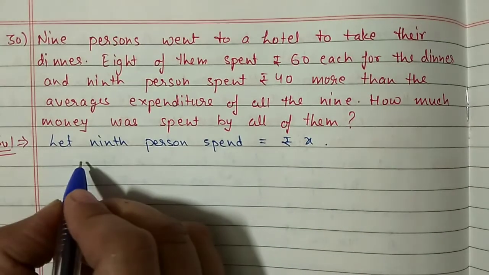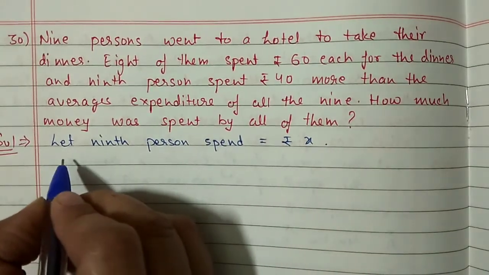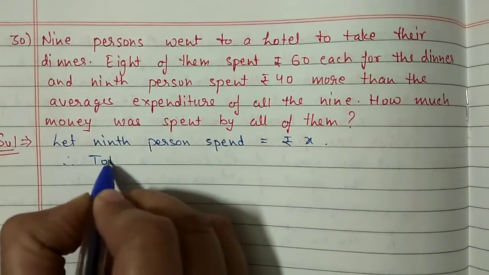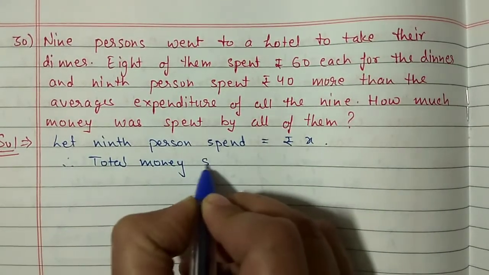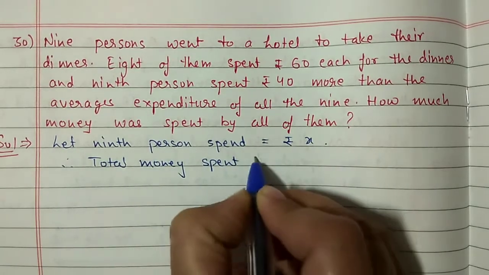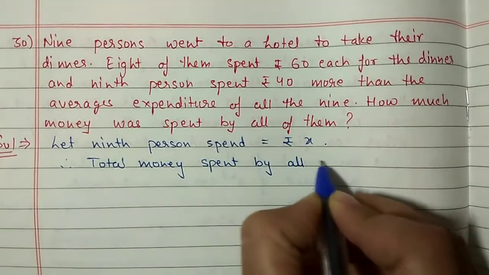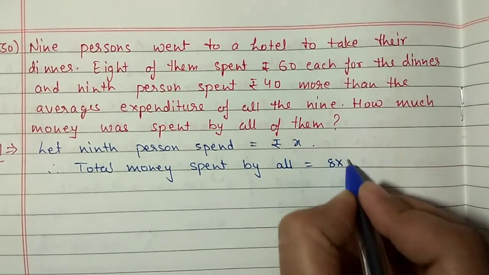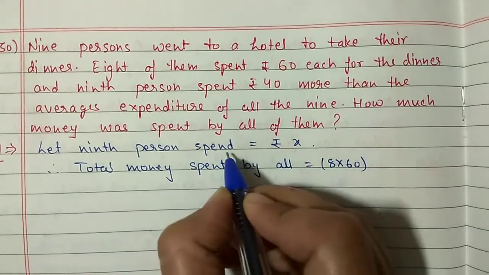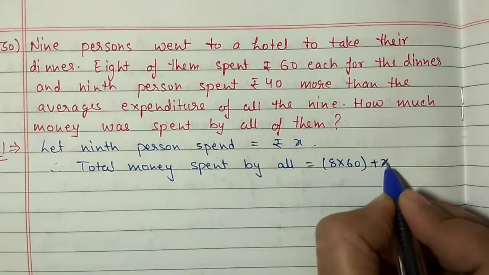Therefore the total money spent by all is equal to 8 members have spent 60 rupees each, so 8 into 60, and this 9th person has spent x rupees.